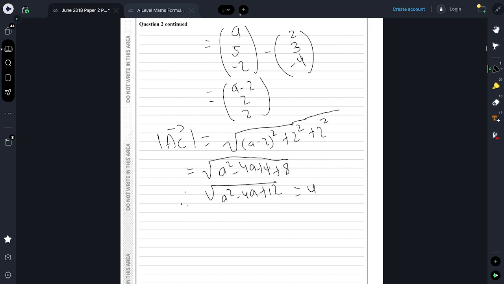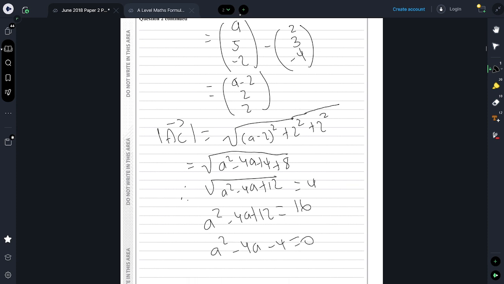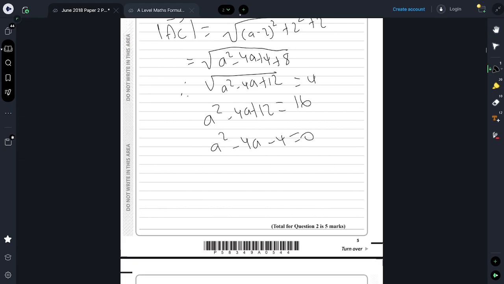If we have a square root, we can just square both sides. So a squared minus 4a plus 12 is equal to 16. This is a quadratic to solve for a, so a squared minus 4a minus 4 equals 0. I'm going to be lazy now and just put this in the calculator.